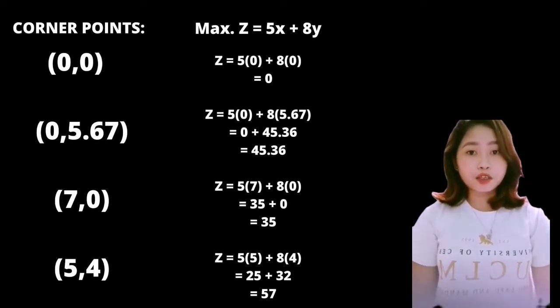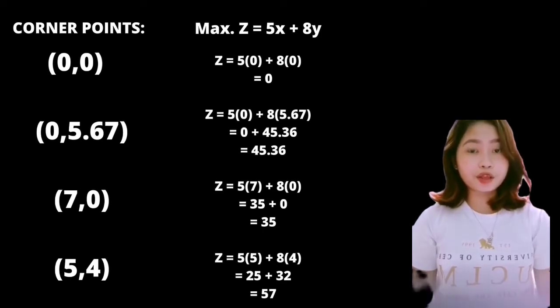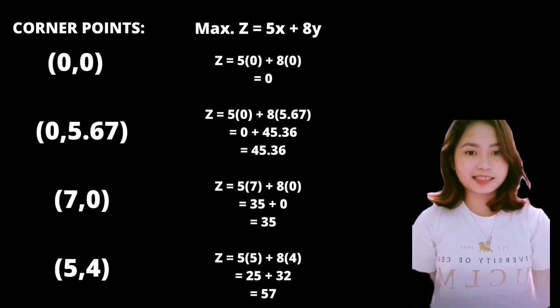For our first vertex, x equals 0 and y equals 0. Z equals 5 times 0 plus 8 times 0 equals 0. For the second vertex, we have 0 for x and 5.67 for y. So Z equals 5 times 0 plus 8 times 5.67 equals 45.36.